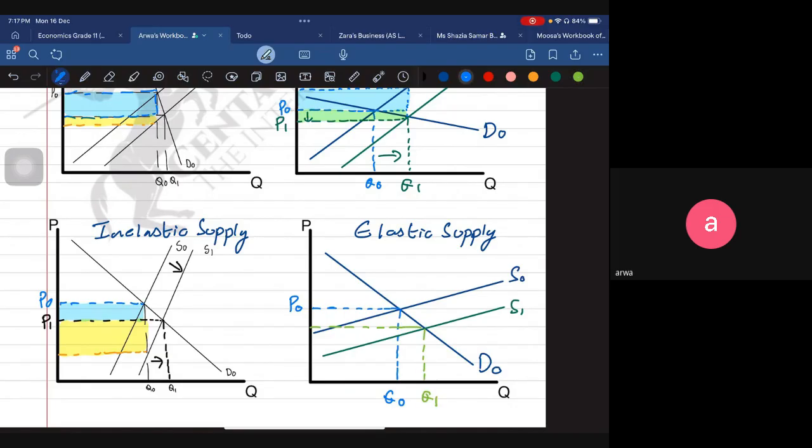Now from here, you are going to take it up until S naught, right? And now if you mark this, you will see the gap. This is for blue. And this one is the other one, for consumers.